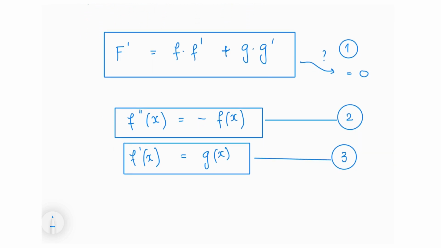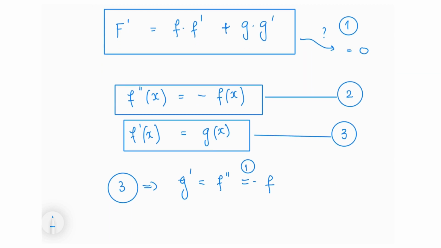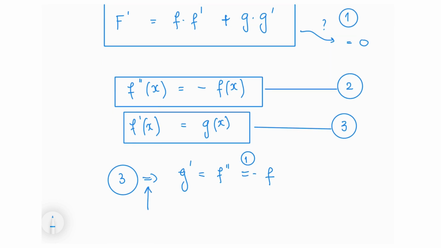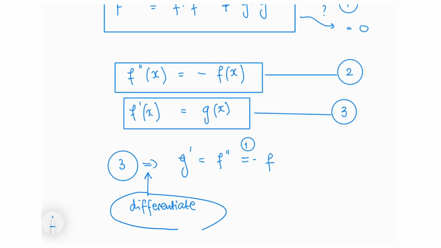Now, from 3 it implies that g prime of x equals f prime, or the second derivative, and that is minus f according to 2. So here, we differentiate.